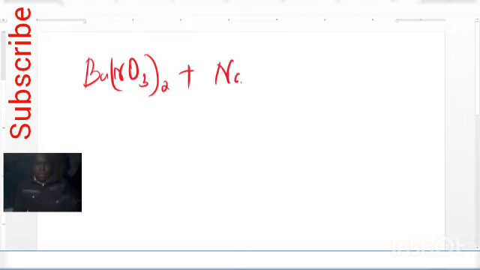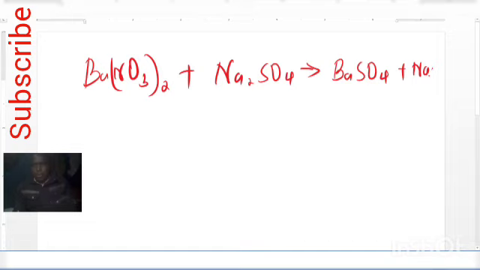If you are given barium nitrate plus sodium sulfate, this one will form barium sulfate plus sodium nitrate, two of them. So it is very important to know how to write the aqueous, solid and liquid states.